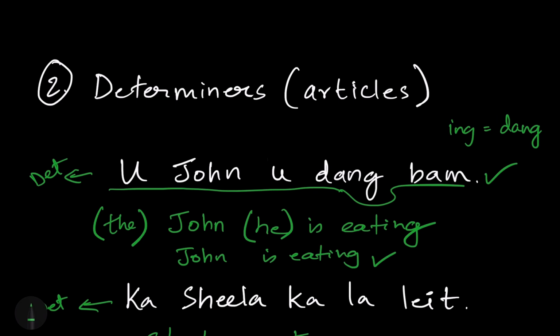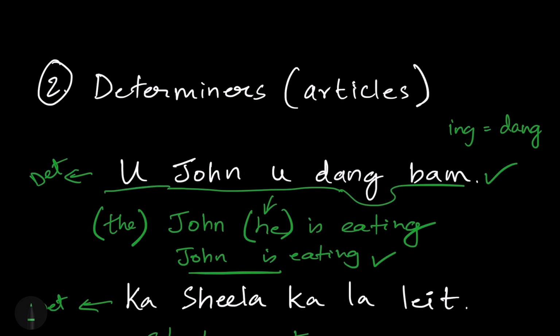I've heard non-native speakers omit this u, which is a very crucial thing in Khasi because we don't have it in English. So they usually say John dang bam, like that. And also they omit this sometimes, which is very crucial in Khasi. So you have to say both of them: u John u dang bam.